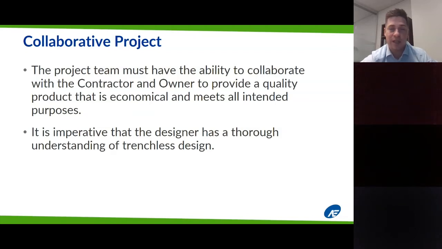Similar to what Sam mentioned this morning, if you were in the morning sessions, a knowledgeable designer is key to a successful project. So we believe that working with the contractor, the owner and AE, this was a very successful project.